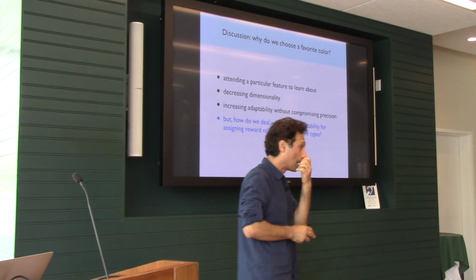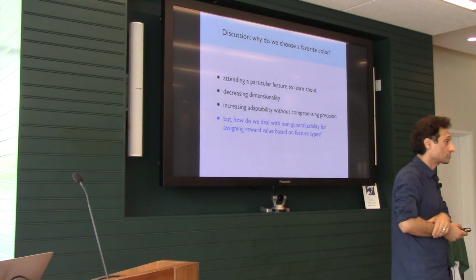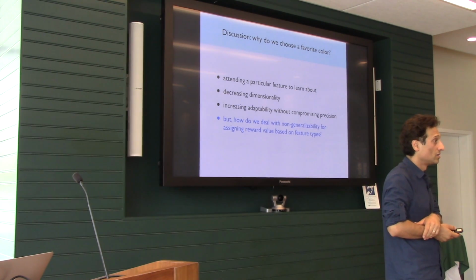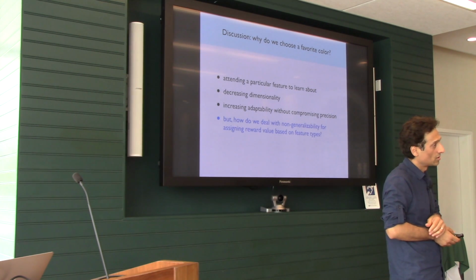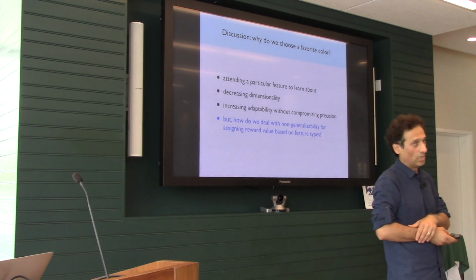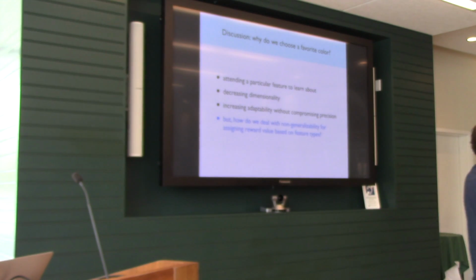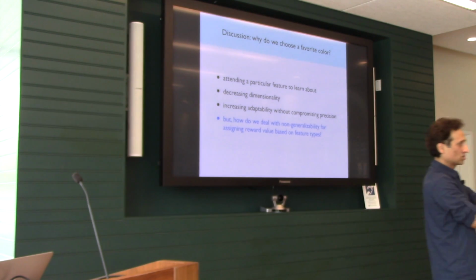So in this experiment, the trials are all independent of each other. So your reward on trial N doesn't depend in any way on what you did in the previous trial. There is an inherent dependence between trials, which comes from the reward schedule.